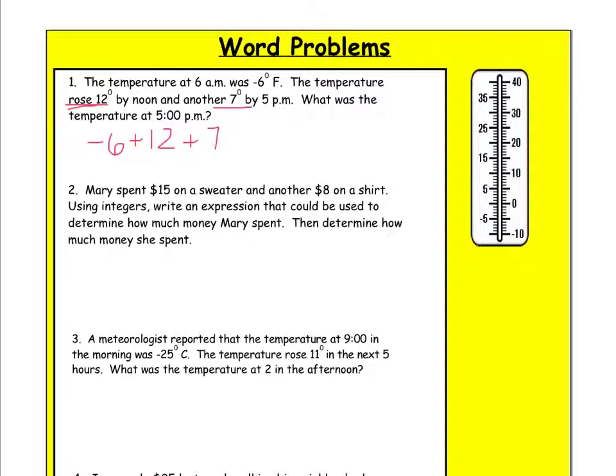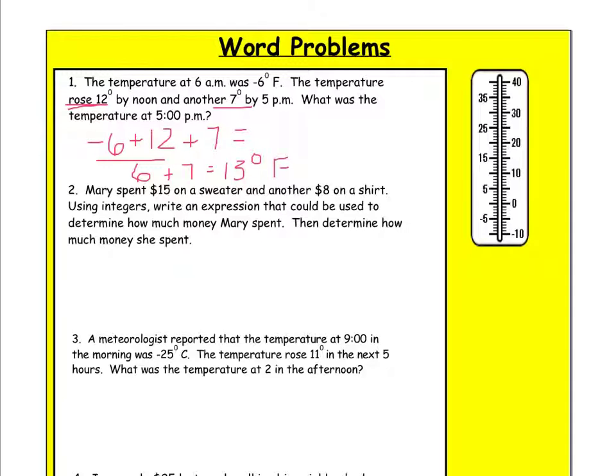So we'd have -6 plus 12 plus 7. -6 plus 12 is going to give us a positive 6, and 6 plus 7 is going to give us 13. So we have 13 degrees Fahrenheit.